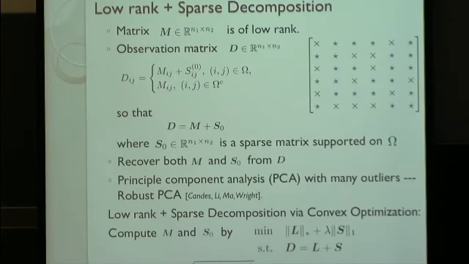So basically some elements are changed, but the change is sparse in location. This is what you observe, D, the superposition of low rank plus sparse. If you only measure or sample part of this sum matrix, can you recover both of them?